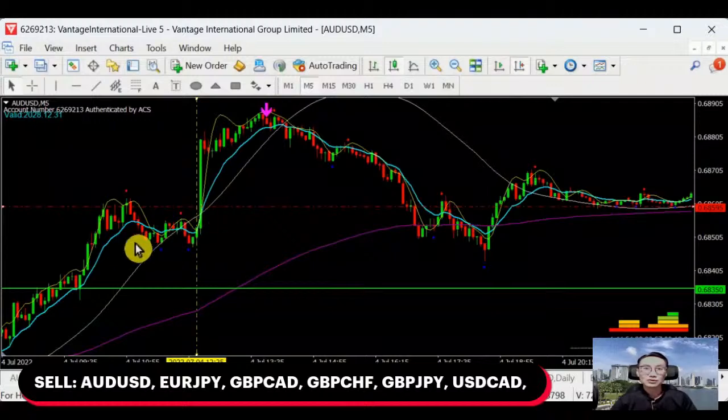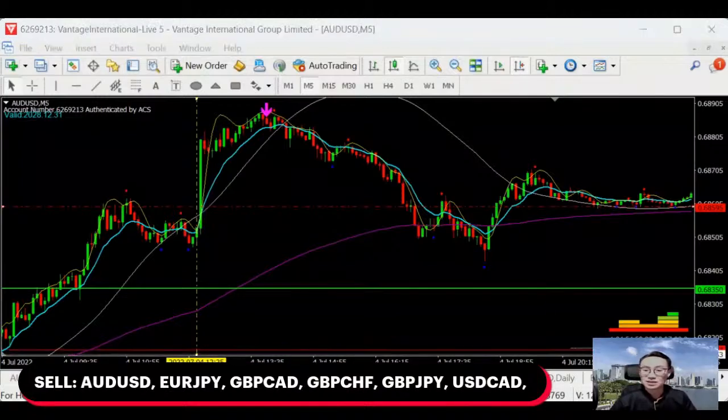But usually when the resistance over here has been tested and it came down with a double bottom, setting up an A shape, that means the resistance can only push until this level and has no strength to push further down. So when it started to go up again, check through the time frame. That will be a very good sign to tell you, is this a change of the time frame?